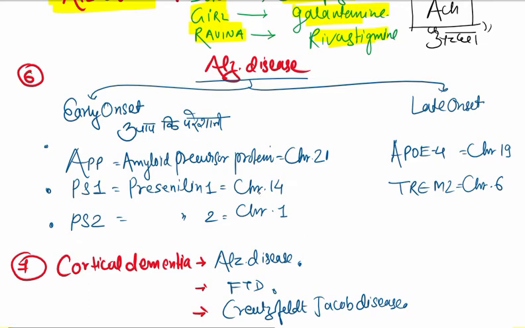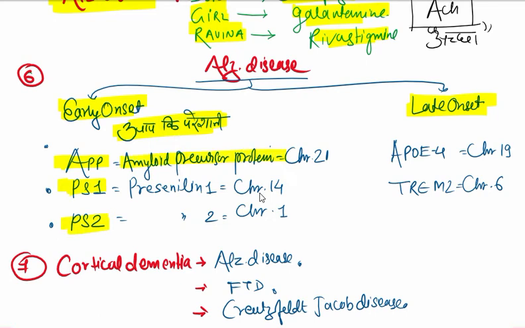It can be early onset and late onset. If you have a patient diagnosed as early onset Alzheimer disease, your trouble has increased. So trouble 1, trouble 2. So what is APP?